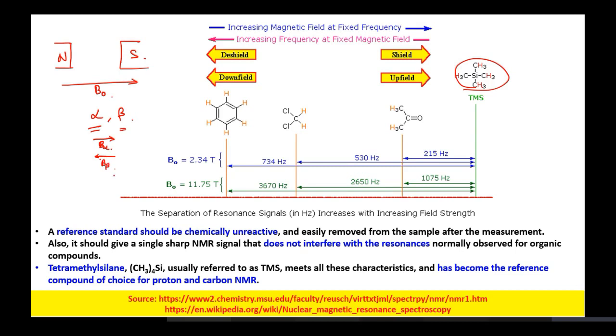Under normal circumstances, as I told you, the number of protons in the alpha state is slightly greater than the number of protons in the beta state. Due to this reason, there is a net higher number of protons in the alpha state.